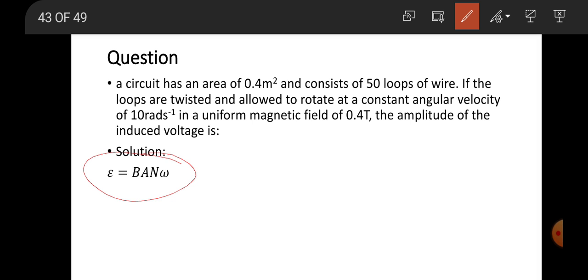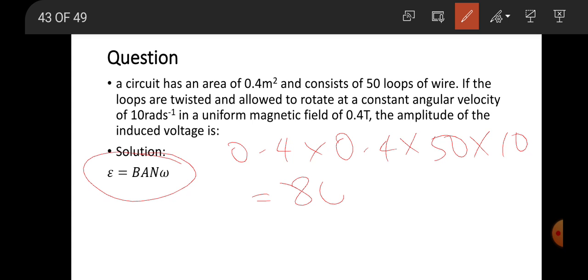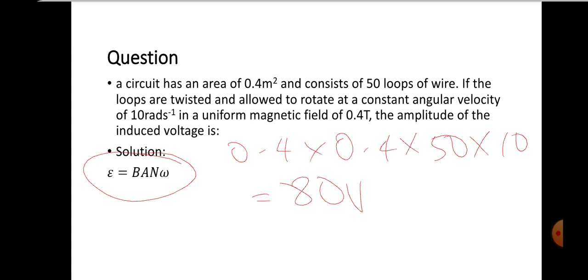Induced voltage is BAN omega. Your B is magnetic field, which is 0.4, multiplied by the area, also 0.4 meters squared. The number of loops is 50, then the omega is 10. You see, this is quite easy. So 0.4 times 0.4 times 50 times 10, that will give us 80. So here the induced EMF is simply 80 volts.